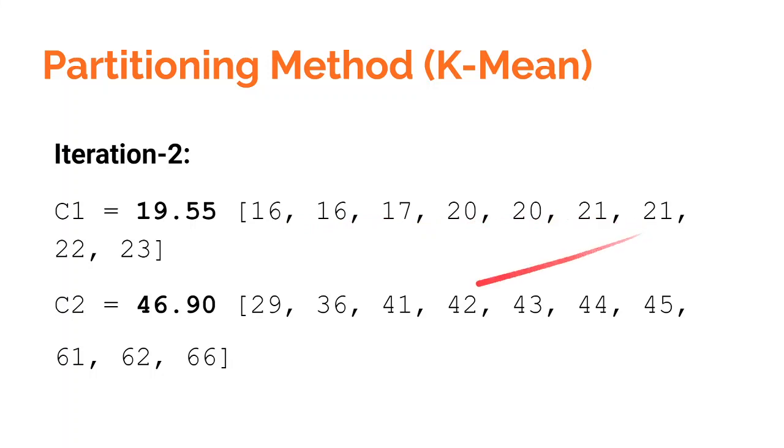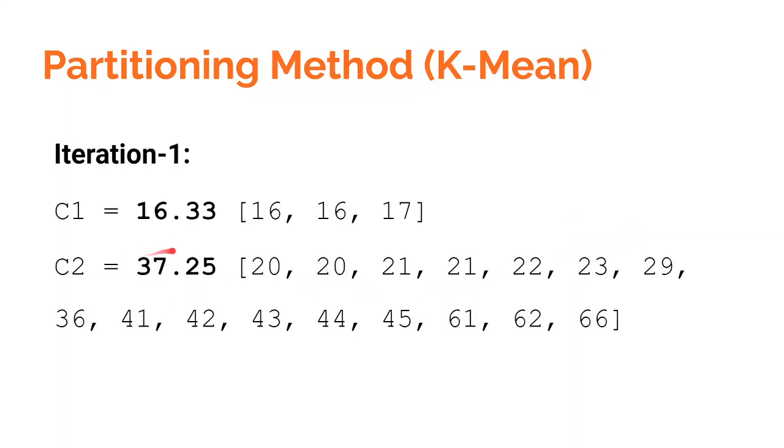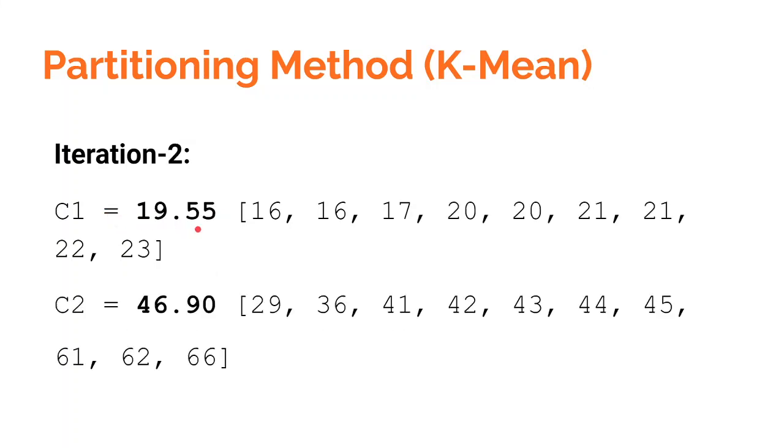And these further values 22 and 23 are also close to 17. If you take the difference of 23 and 17, you will get 6.